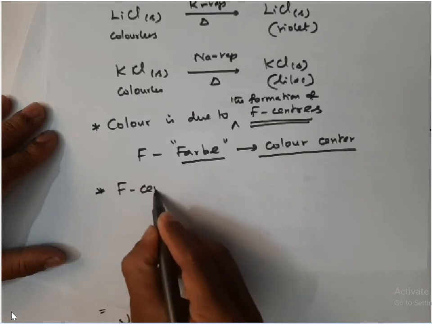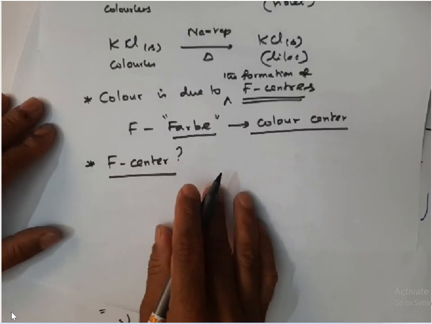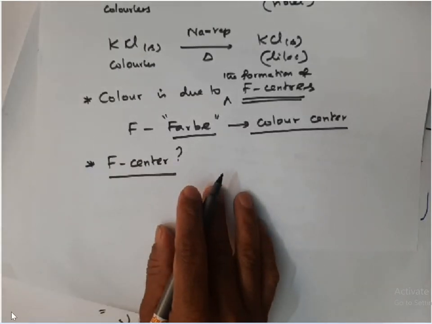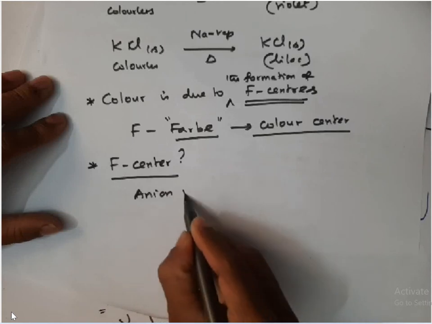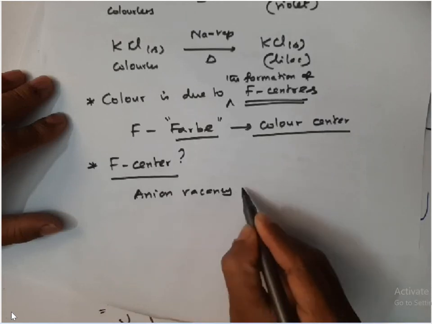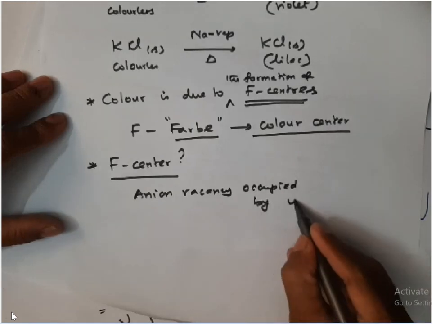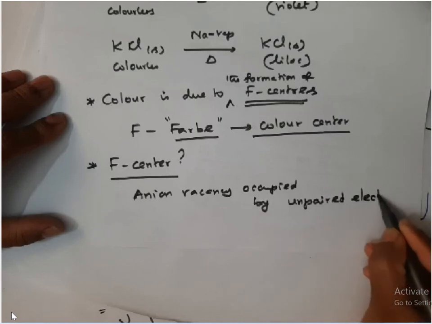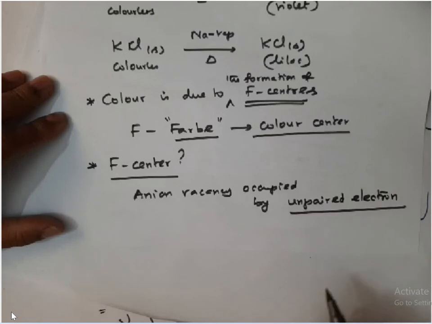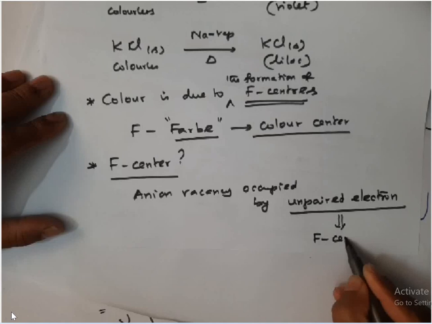An F center is nothing but an anion vacancy occupied by an unpaired electron. We call these centers Farbe centers, F centers.